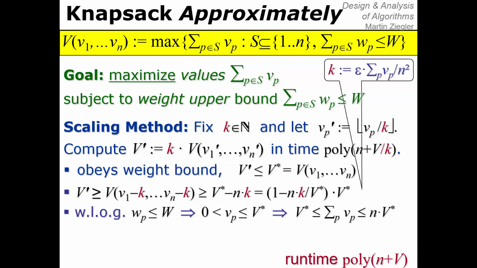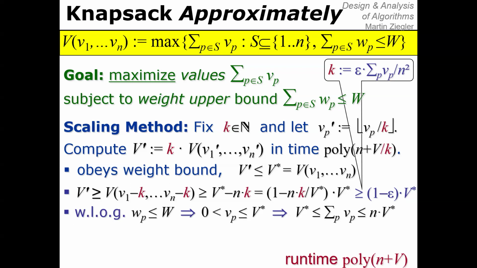And this says we can choose this choice for k. The sum of all packet values divided by n squared. If we choose that for k, then one n is cancelled. Another n here is cancelled here. And the V star is cancelled. In the end, we obtain that this expression is at least 1 minus epsilon, for the given parameter epsilon, times the unknown value.